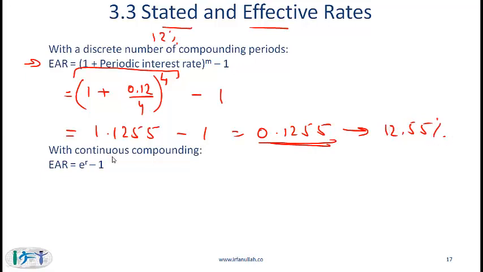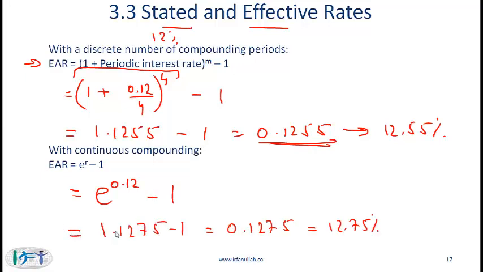So that is your effective return, and expressed as a percent, this is 12.55%. If we do continuous compounding, then the effective annual rate is e to the power of r minus 1. r is the stated rate of 12%. e to the power of 0.12 minus 1, and when we do this we should get 1.1275.